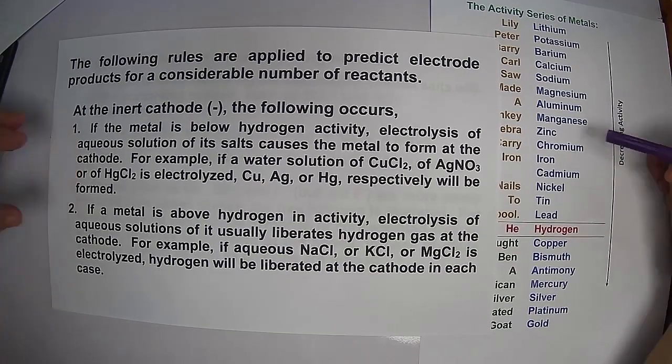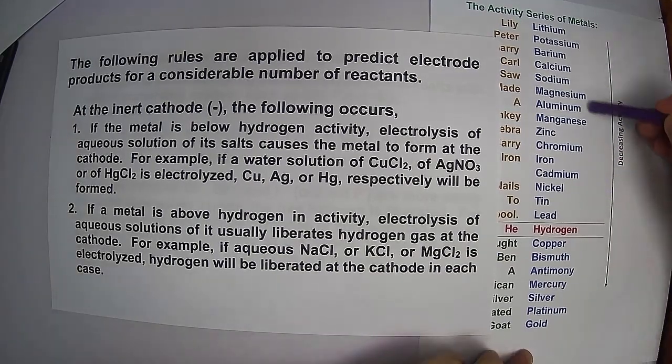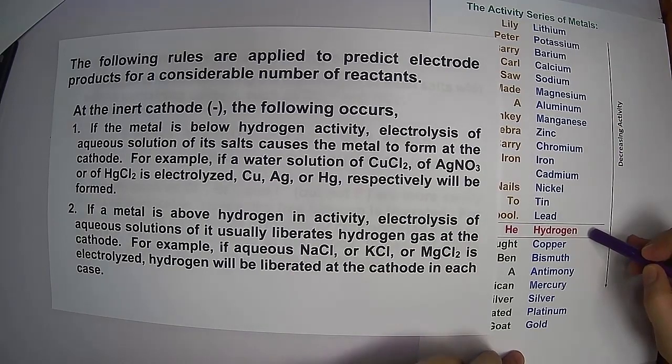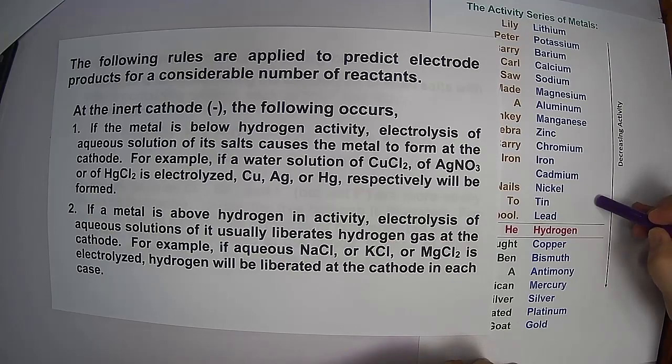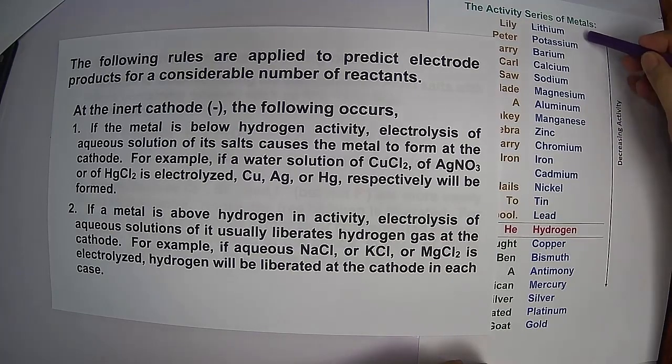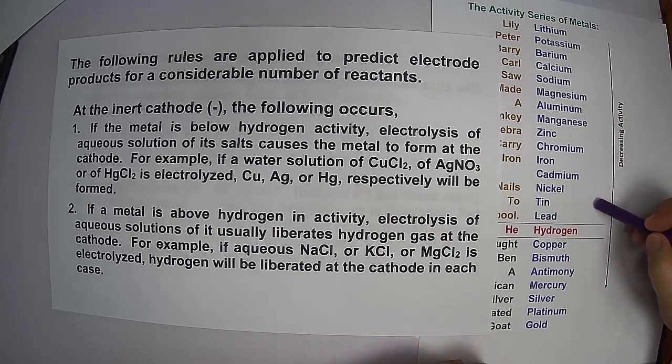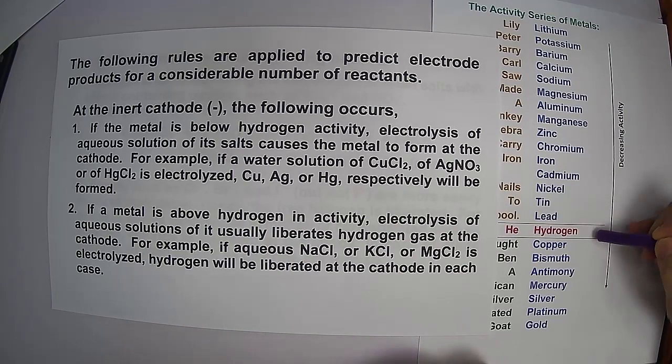Why? Because this metal, which has a higher activity with respect to water as the reference, has a greater tendency to undergo oxidation, meaning it has a greater tendency to give electrons than to accept them with respect to hydrogen.